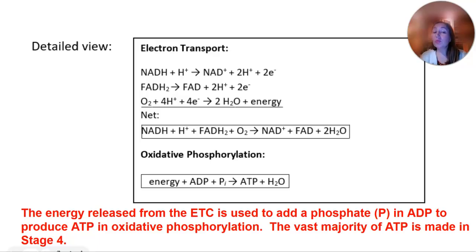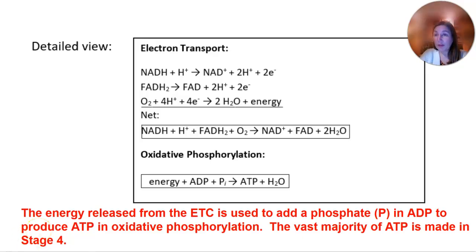The energy released from the electron transport chain, from the protons and electrons, is being used to add the phosphate to ADP and make it ATP. The vast majority of ATP is made in stage 4, in electron transport and oxidative phosphorylation.